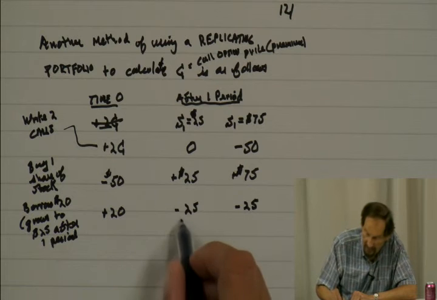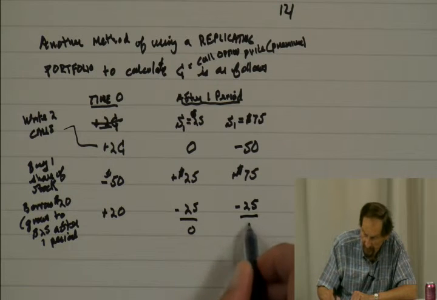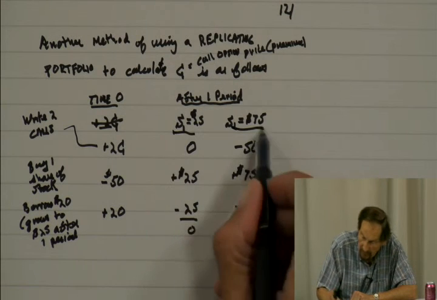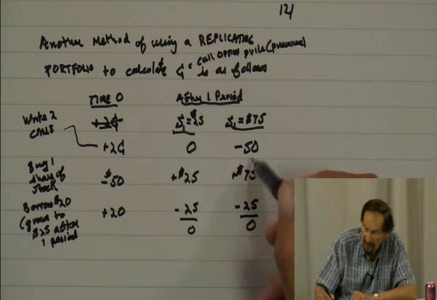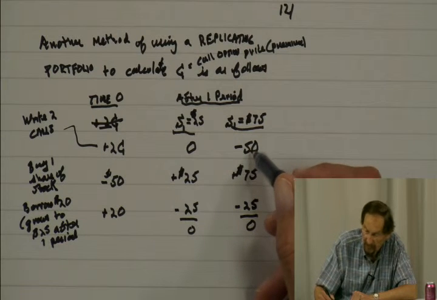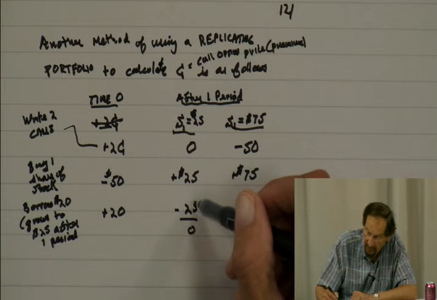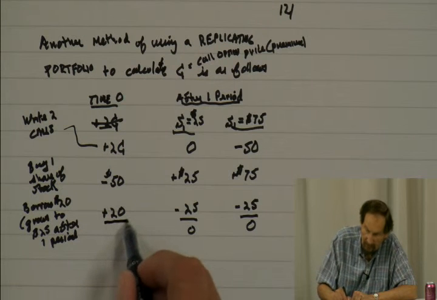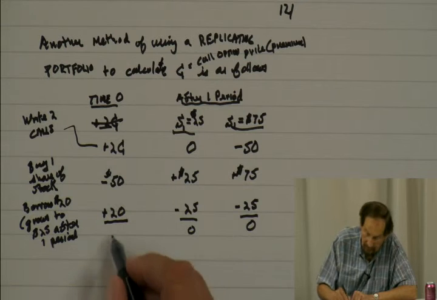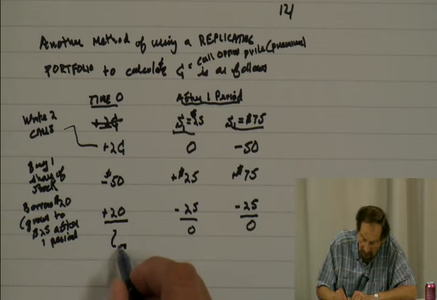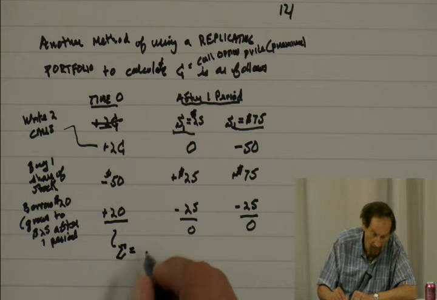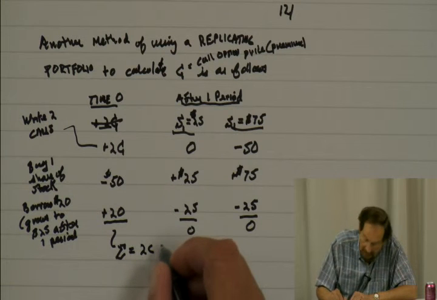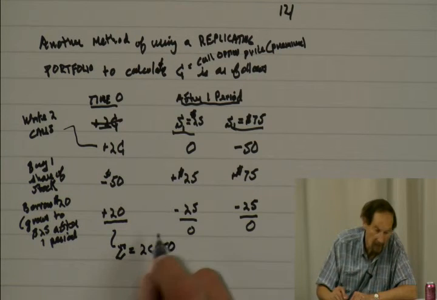So let's look at these. In both of these cases, if you go through it, what do you have? Here you have 75 minus 50 is 25, minus 25 is 0. Here you have minus 25 plus 25, you have 0. Okay, let's see what our sum is. Equals, we have a 2c minus 50 plus 20.